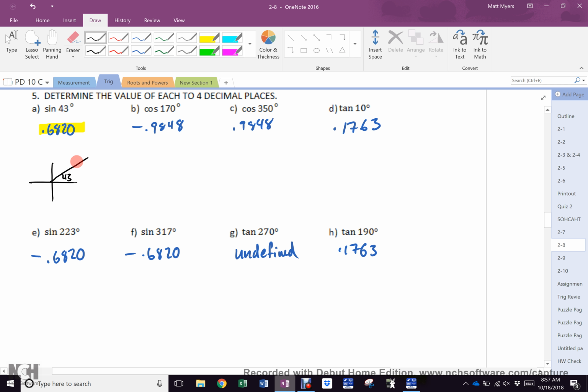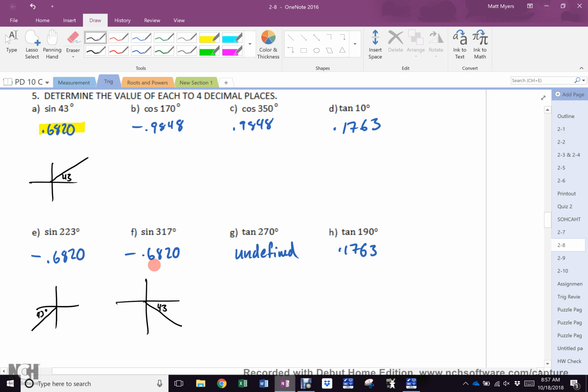It's positive because we're in quadrant 1, right? Where am I in 223? Quadrant 3, right? If this is 43, what must this be? It's still just 43 degrees, right? Because a degree is just a degree, right? What about this one? It's over there, and what's this? 43. Please notice the reference angles all share the digits. The only thing they don't share is the value.